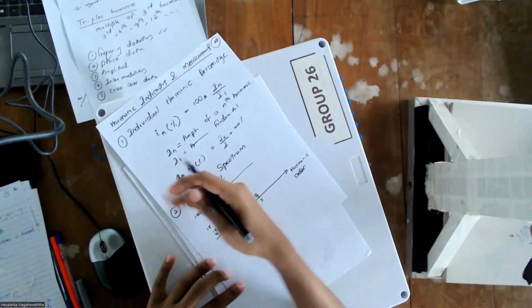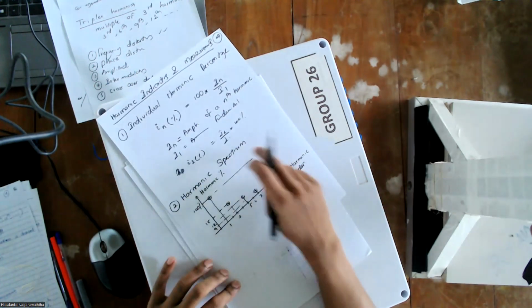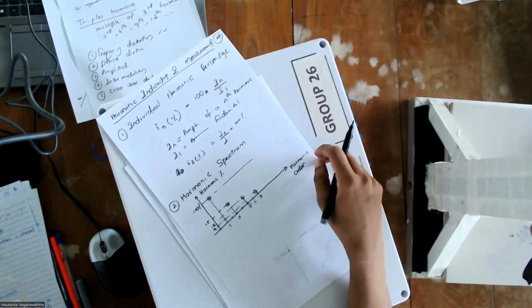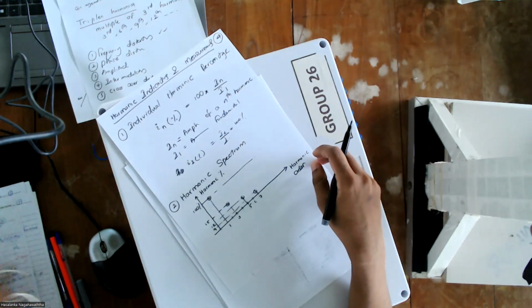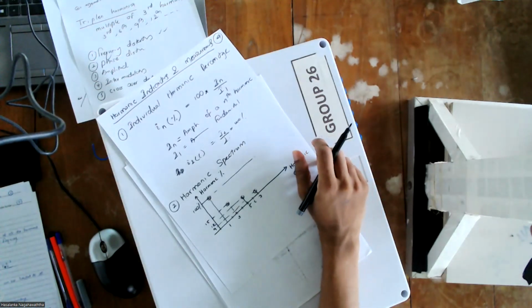If you see this kind of pattern, that is called the harmonic spectrum.